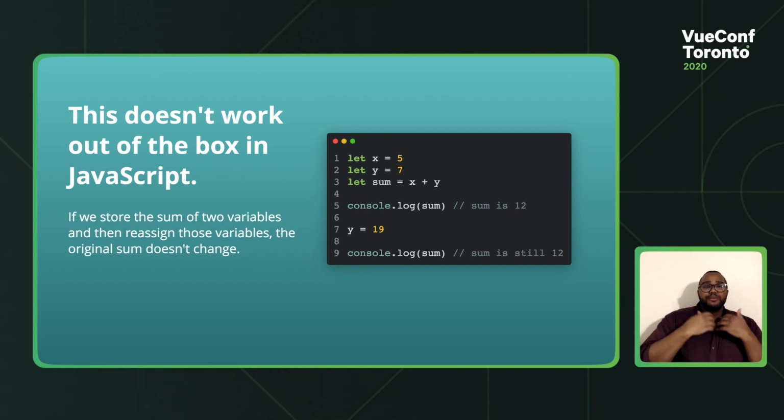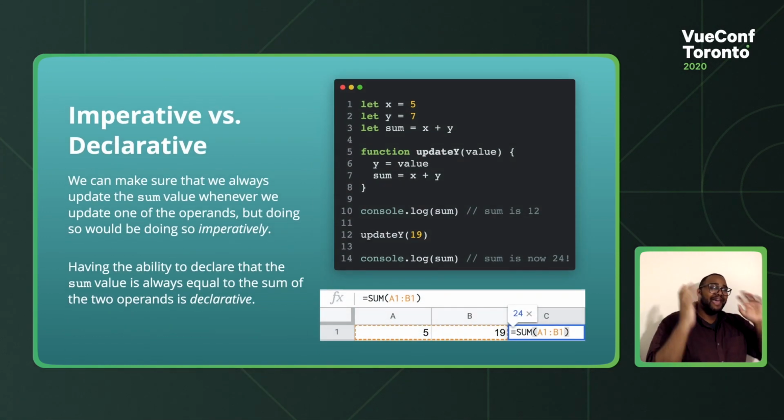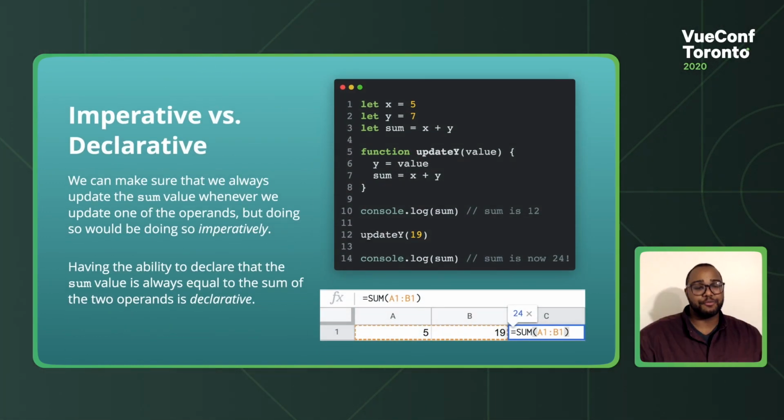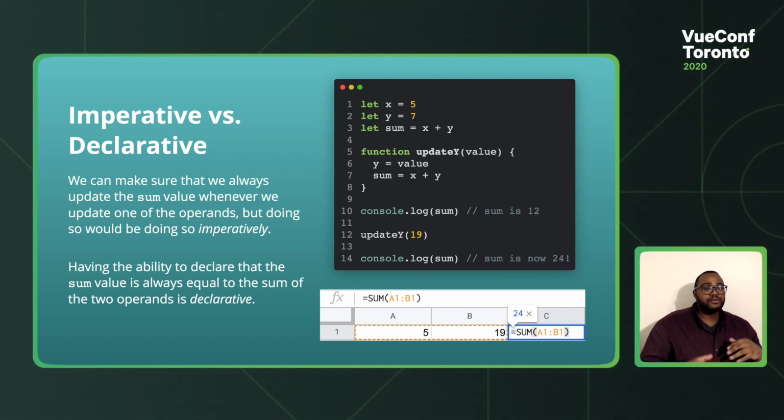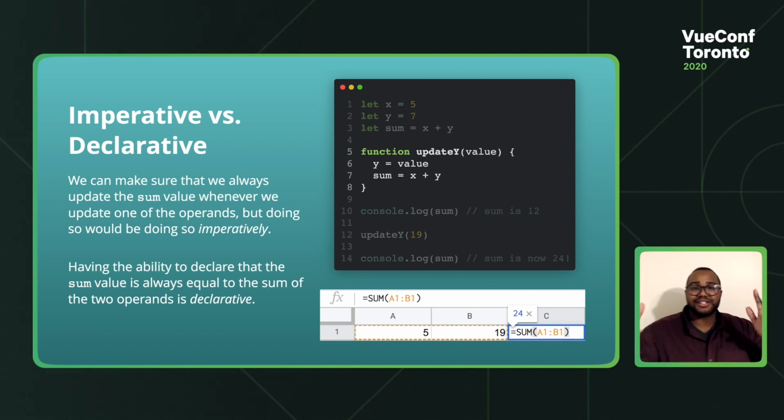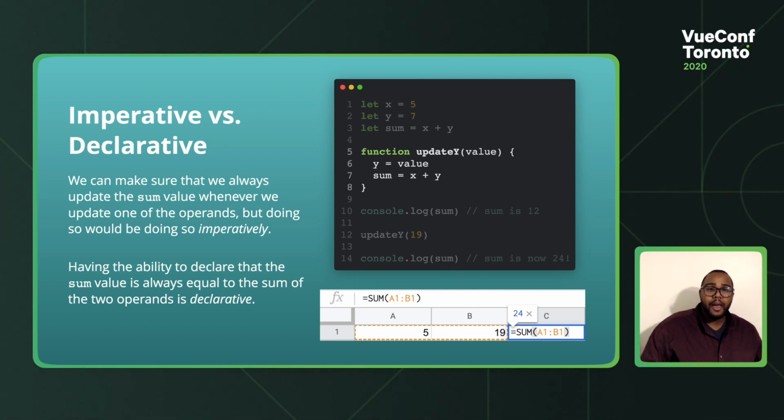And what we want is some reactivity in our lives, right? And that's the difference between imperative programming versus declarative programming, right? So take a look at this code sample on the right here. We still got the same x is 5 and y is 7, and the sum is the addition of x and y, but we've added an update y function.